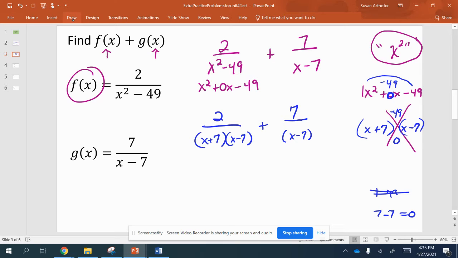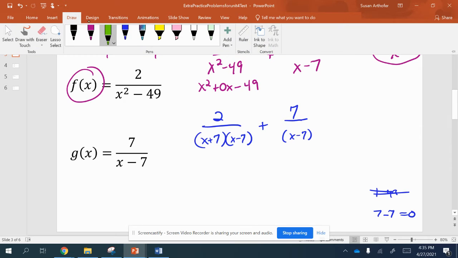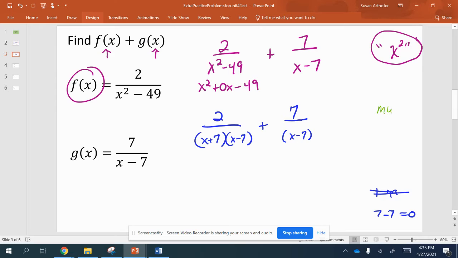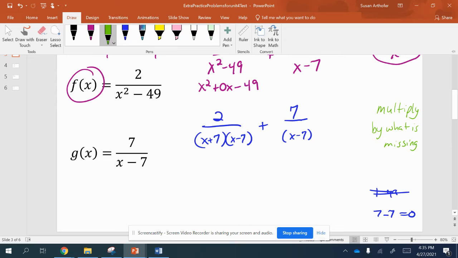So these are the steps to make them the same denominator. So after you do the magic x on the x squared minus 49, I'm going to erase this over here so I have some room to write. Now the step is multiply by what's missing. So you look at your two denominators.